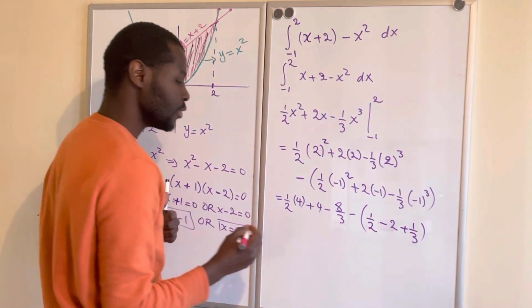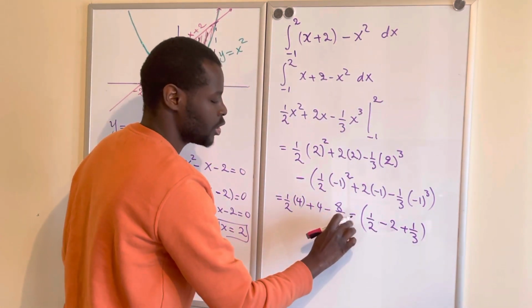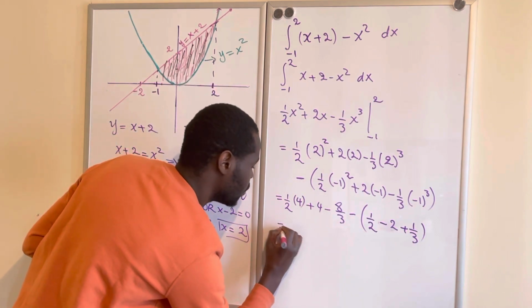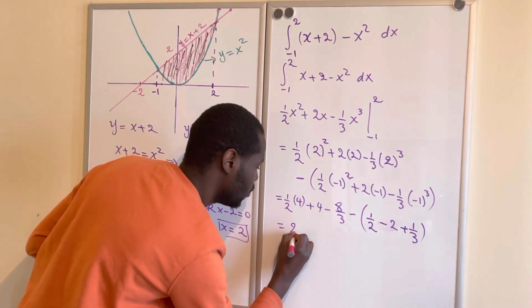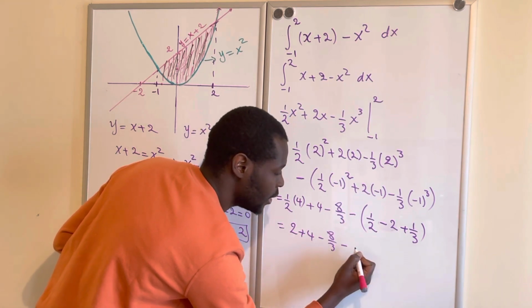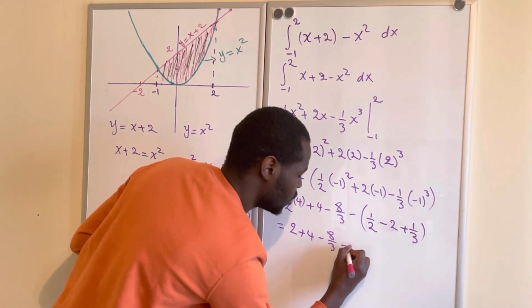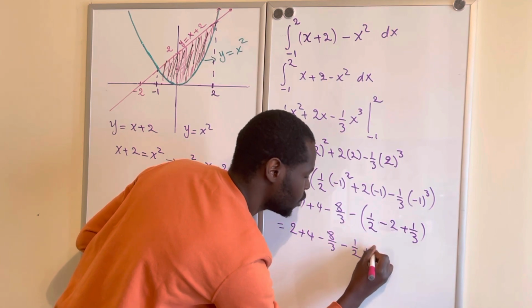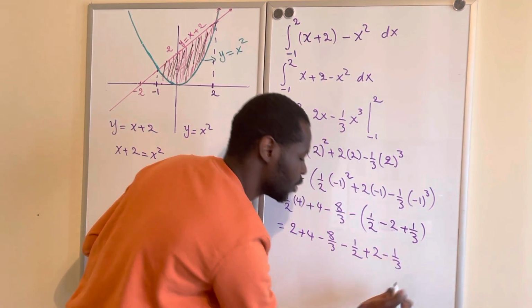Alright, so you can distribute this minus throughout the parentheses. So we get 4/2, which is 2, plus 4, minus 8/3, minus 1/2, plus 2, minus 1/3.